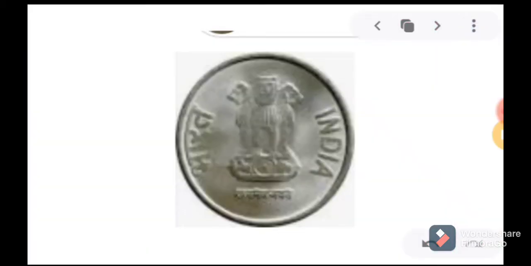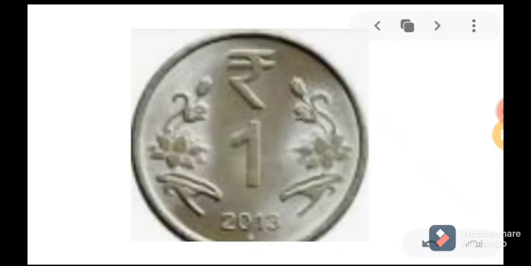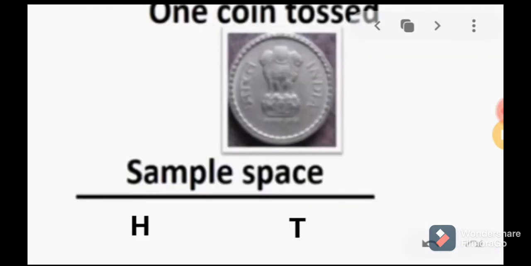In our day-to-day life, when we play a match, we toss a coin. While tossing the coin, there are two possibilities, either head or tail. When we toss a coin, there are two possibilities, either head or tail.